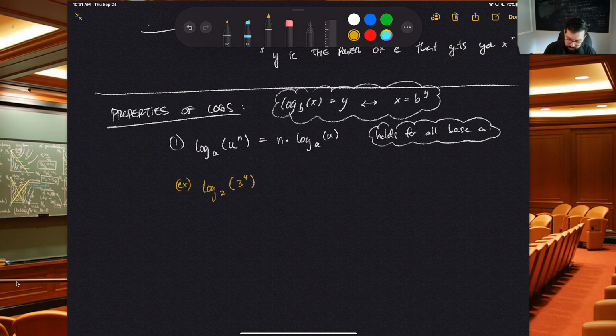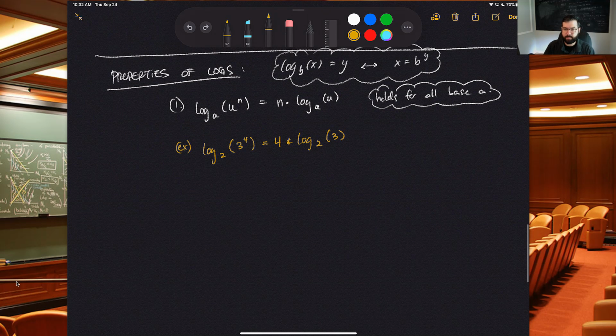But what this allows us to say is that this is equal to 4 times the log base 2 of 3. And now that gives me some helpful information, right? Maybe I have some idea of what this value is. I could multiply it by 4. I've got a quick estimate ready to go. But this also will just help us massage and work out formulas like I've said before. But this is how it will work in practice.